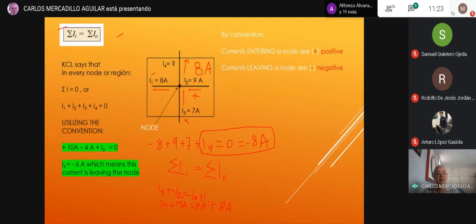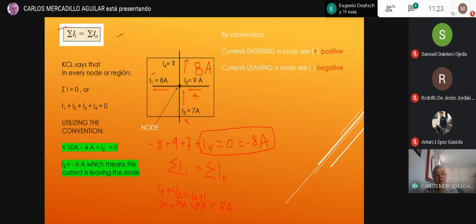The negative sign is just for the equation. And we obtain the result. And this minus 8 amps means that these 8 amps go to the north, leaving the node.